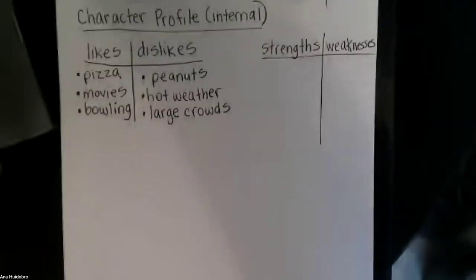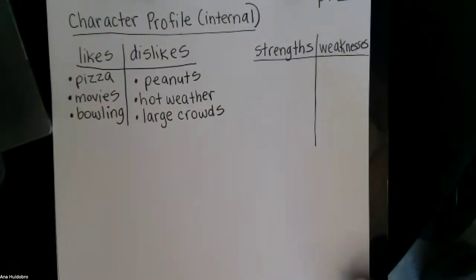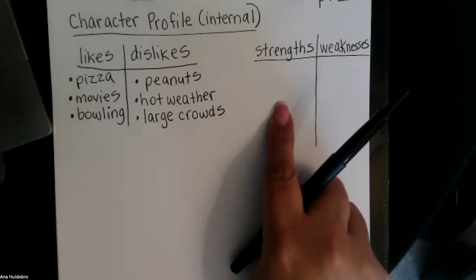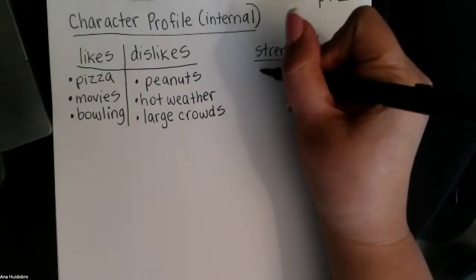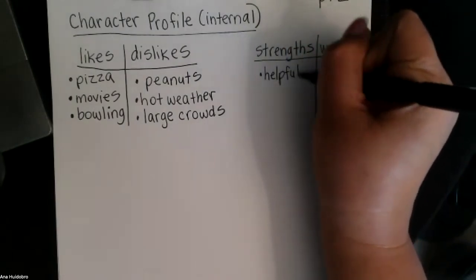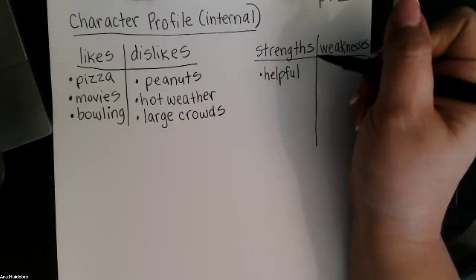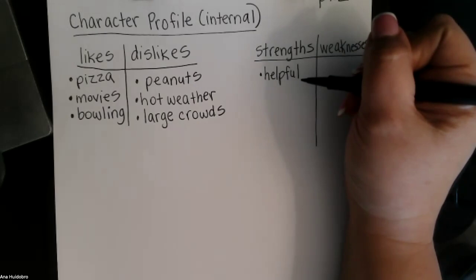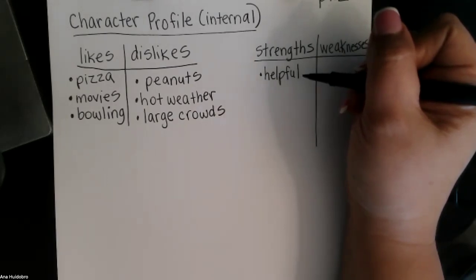So I have my character. Sorry, I'm going to get closer. This is not really what he likes and dislikes. This is more about his character, about who he is on the inside. One of his strengths, I'm going to make him very helpful. This is for me. Maybe you could make someone very thoughtful, maybe very generous. You could make them very intuitive, meaning that they could feel other people's situations.